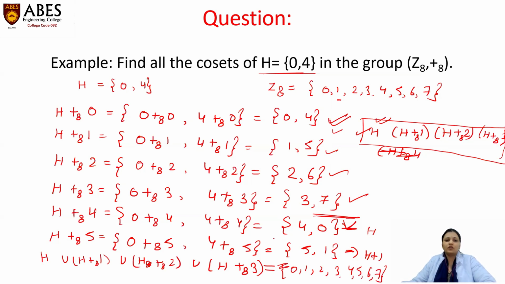So here we can conclude that the union of all the cosets of a subgroup will give us the group.